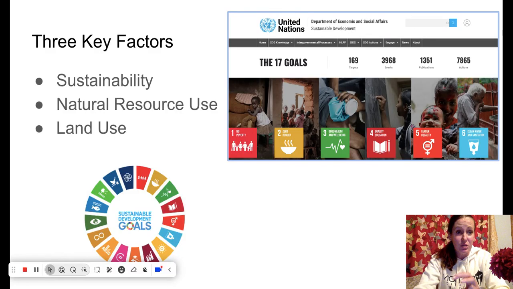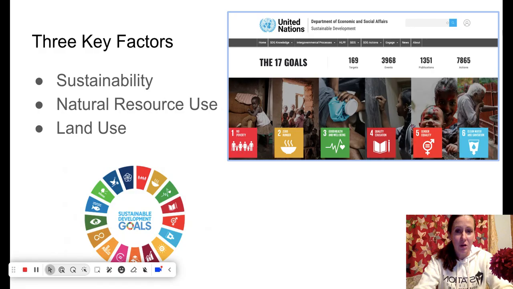When we discuss this, there's three main factors. So we have sustainability, natural resource use, and land use. We mentioned in class the United Nations and their 17 goals. Those are their sustainable development goals. So basically, things would be hunky dory if we could just nail these 17 things.